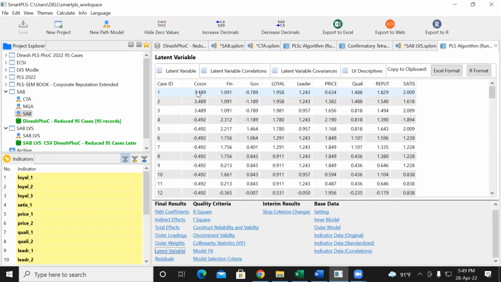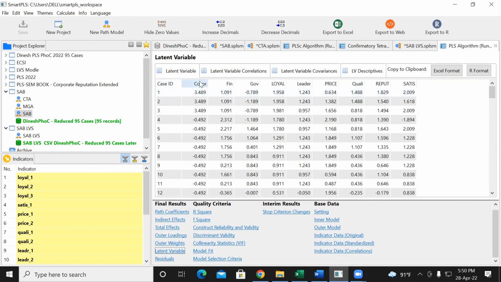That means it is normalized, in standardized terms. When you make something normalized, you subtract the mean and divide by the standard deviation. That process is happening. Therefore, the maximum can be 3 point something, plus or minus.